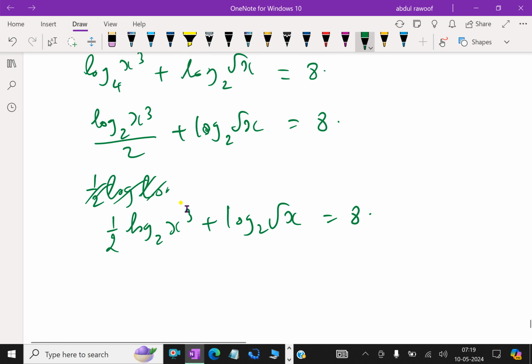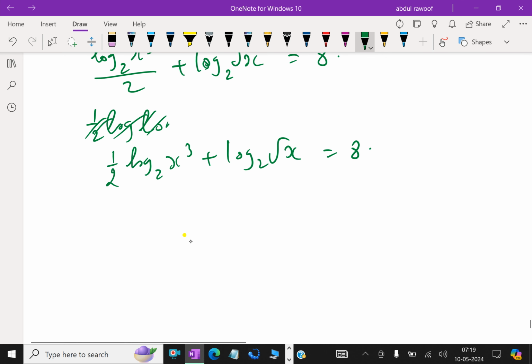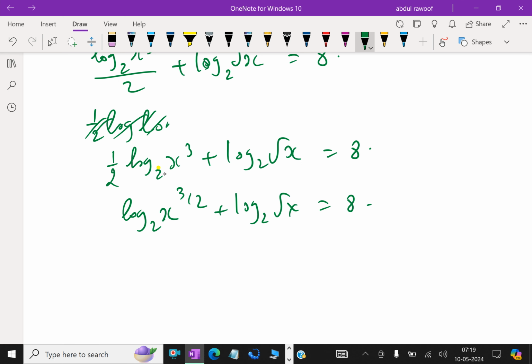This half goes up as a power, that is log base 2 of x cube into half is x to the 3 by 2 power, then log base 2 root x equals 8.